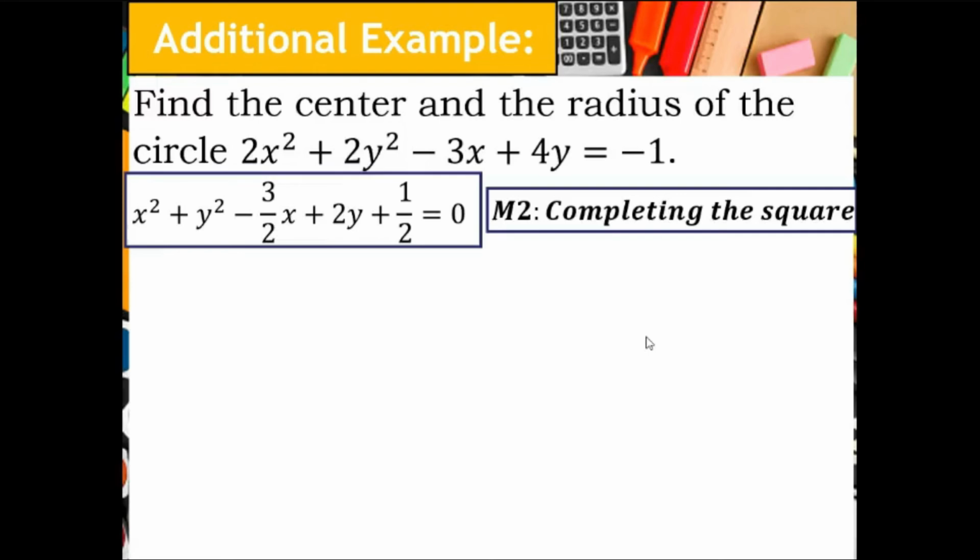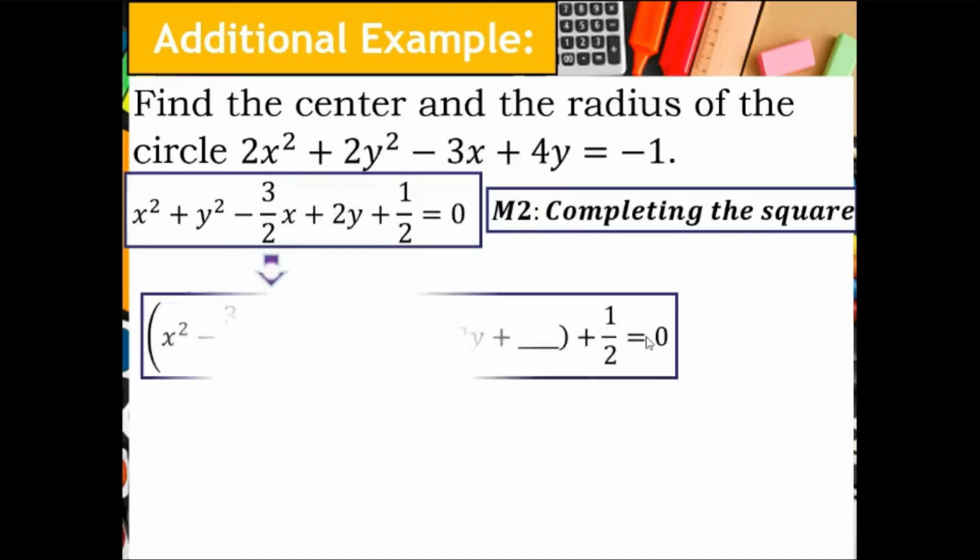In completing the square, our goal is to translate this general form into its standard form, because in its standard form, we can clearly see the center and the radius. And for us to get that, we will be using completing the square.